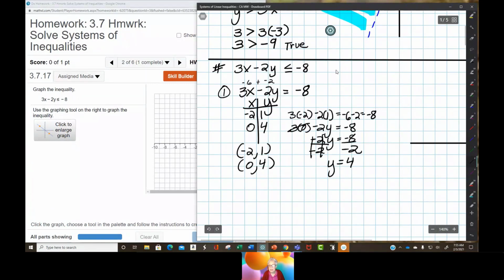You get a solid line whenever you have that bar underneath your inequality signs. Okay, that's a solid line. So I don't have to worry about dashing, and that makes me happy.